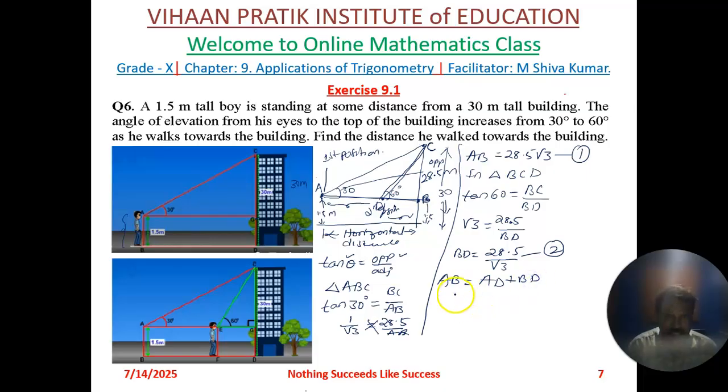Now the distance the boy has travelled is AD, so AD equals total distance AB minus BD. Remember this, students, this is the solution. We don't know AD, we know AB, which is equation 1, and we know BD, which is equation 2. We'll continue this in the next slide.